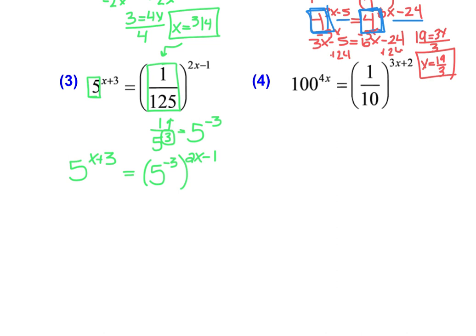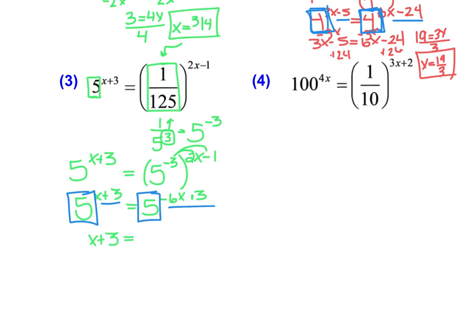Now I do need to simplify my exponent here a little bit, so I'm going to distribute out that negative 3. So this becomes 5 to the power of negative 6 plus 3 and 5 to the power of x plus 3. Now, because I have rewritten this so that we have a common base, I can set their exponents equal to each other. So I have x plus 3 is equal to negative 6 plus 3.